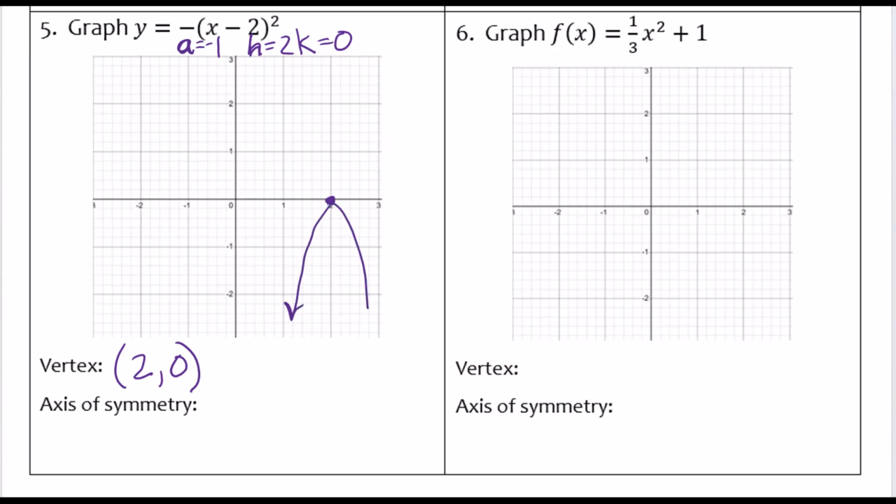It's going to be open downward. So something like that. And we also know the axis of symmetry will be x equals 2. Yep. Because it's always x equals h.